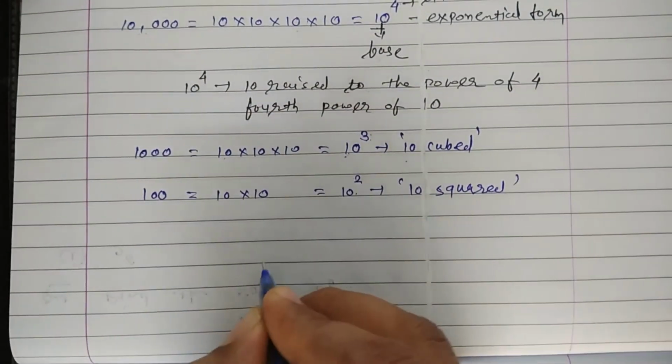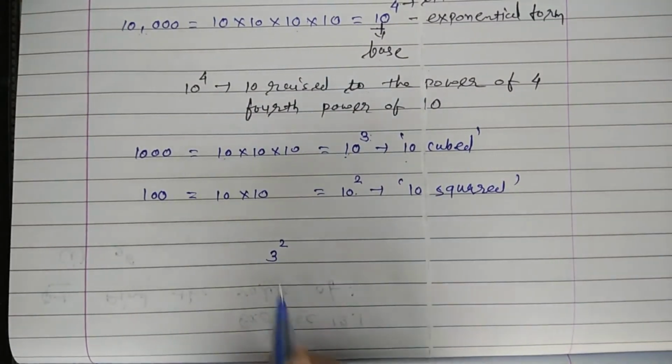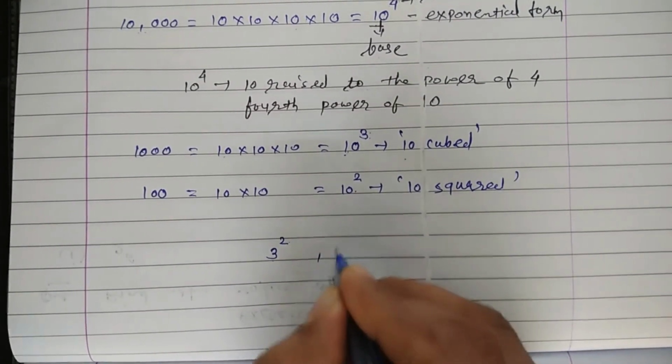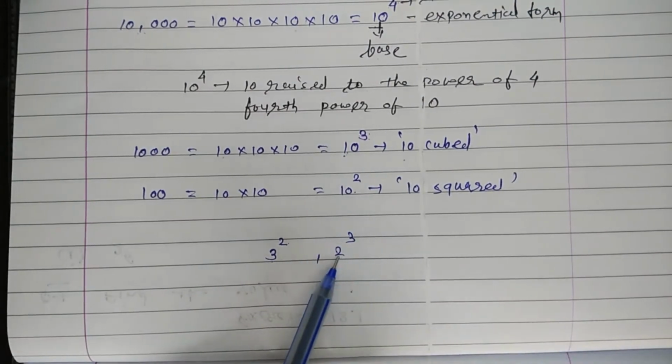For other examples, 3 raised to the power 2, we can read it as 3 squared. 2 raised to the power 3, we can read as 2 cubed.